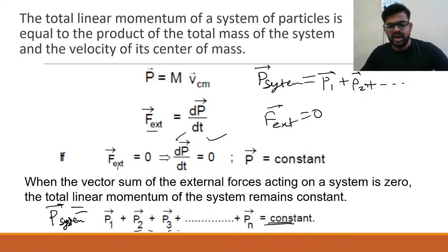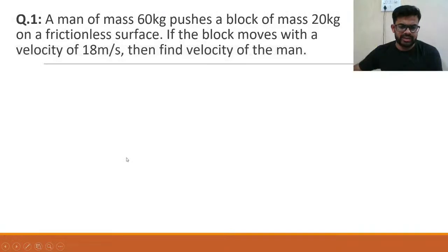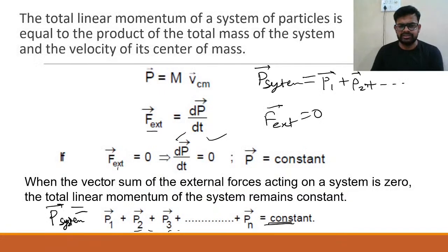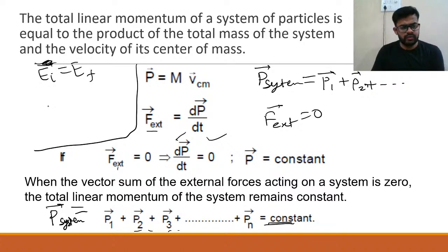Now we'll learn its application: how to apply this type of concept in a question. Next, I will talk about the law of conservation of energy simultaneously. Listen, what is the law of conservation of energy? Initial energy is equal to final energy.